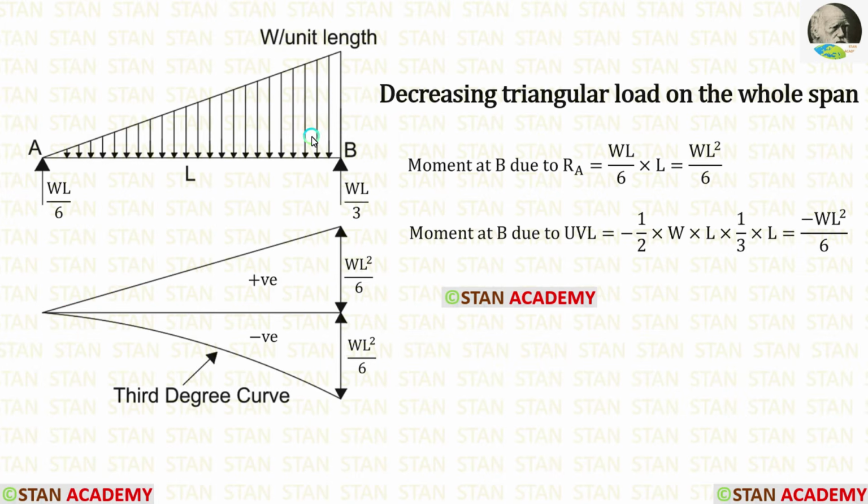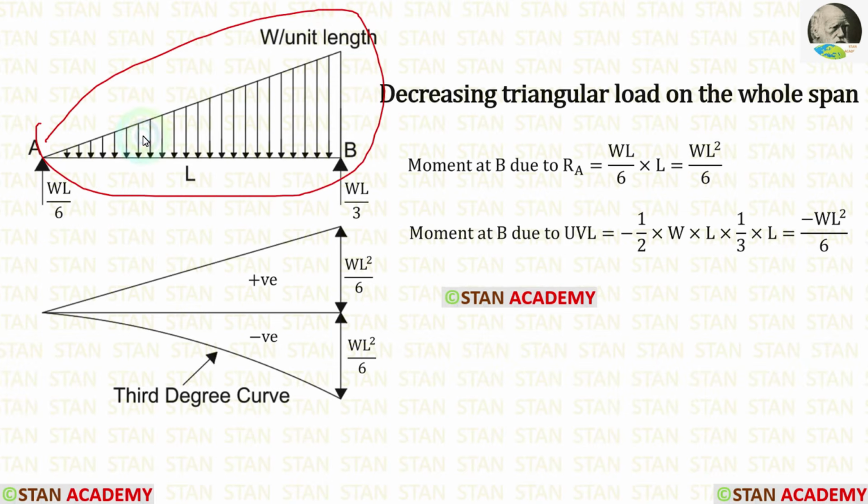Now let us draw the bending moment due to the UVL. This UVL is acting towards the point B in the anti-clockwise direction, so it will be negative. For the UVL, we have to multiply the area with the centroid. This is a triangle, so the area formula is half into breadth into height.